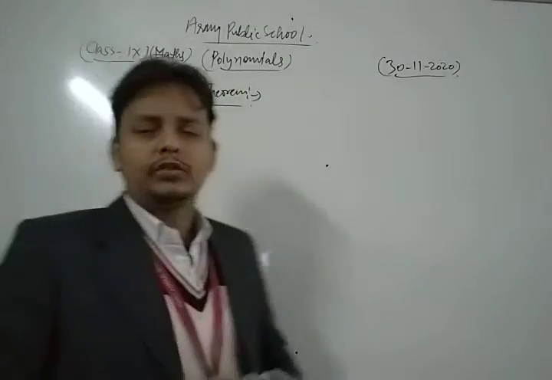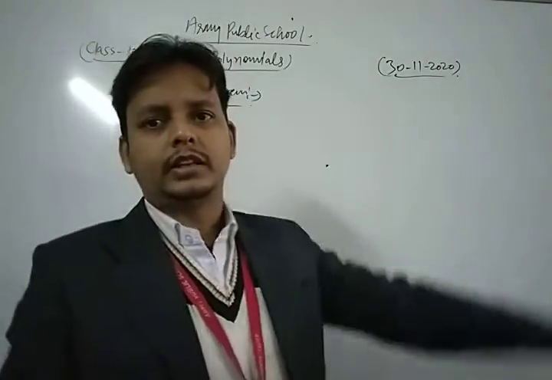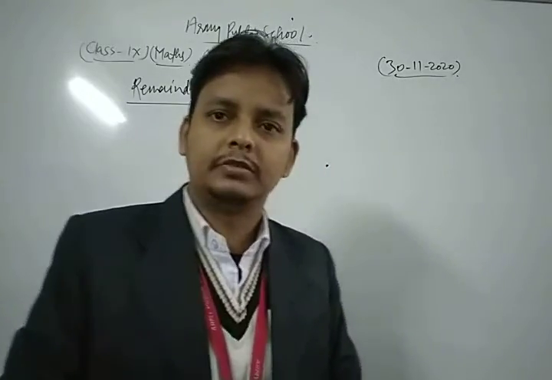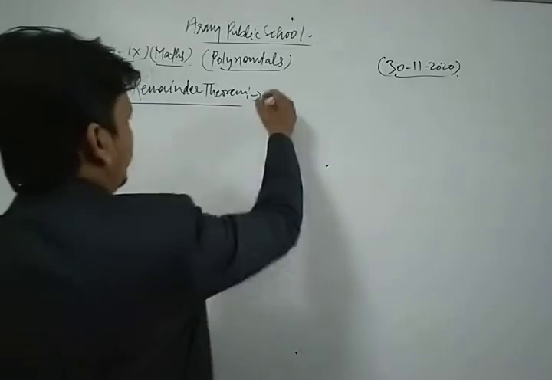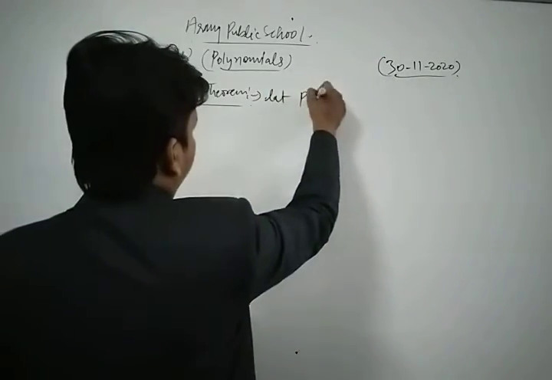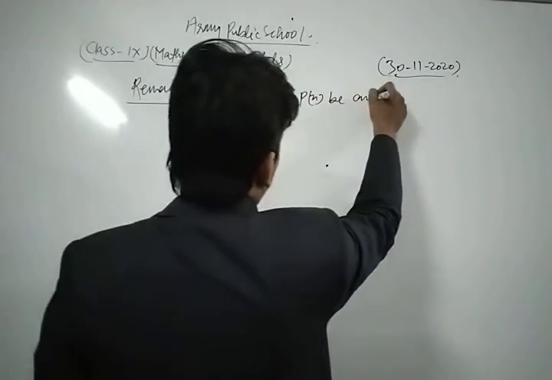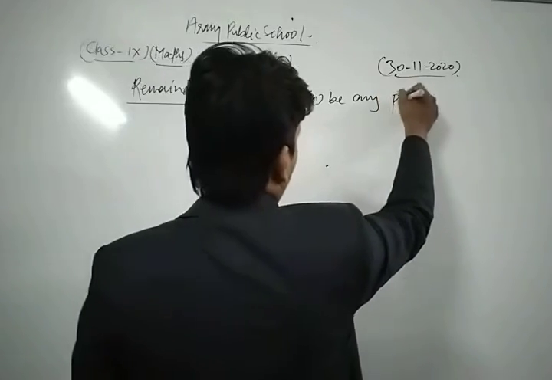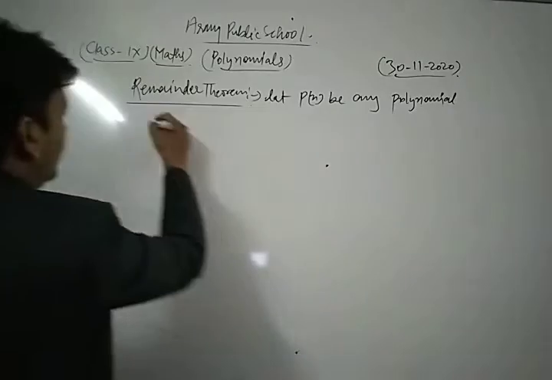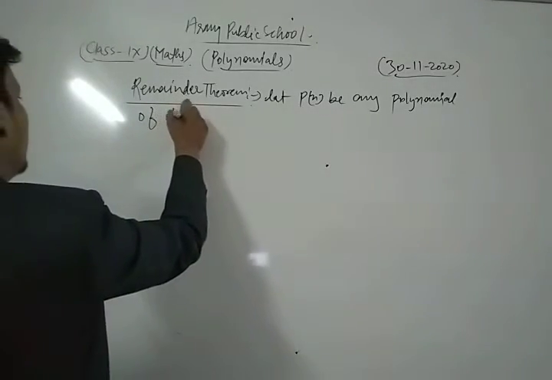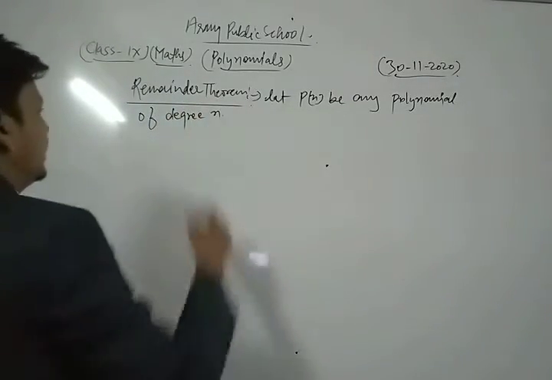Dear students, we already discussed this chapter in previous classes. I am just revising that topic, the remainder theorem. First of all, let P(x) be any polynomial of degree n.